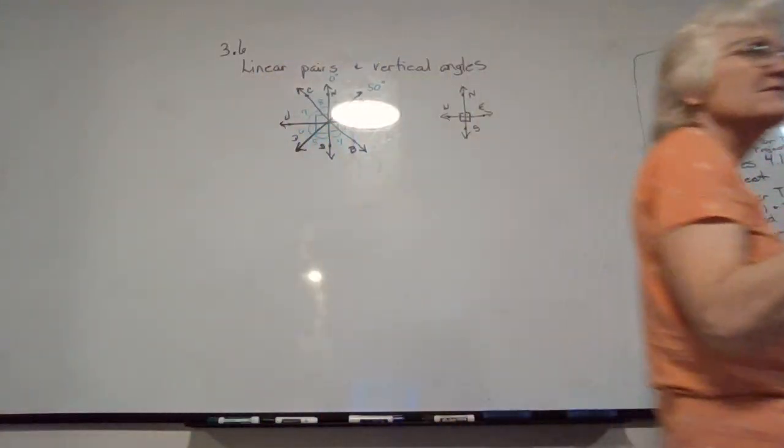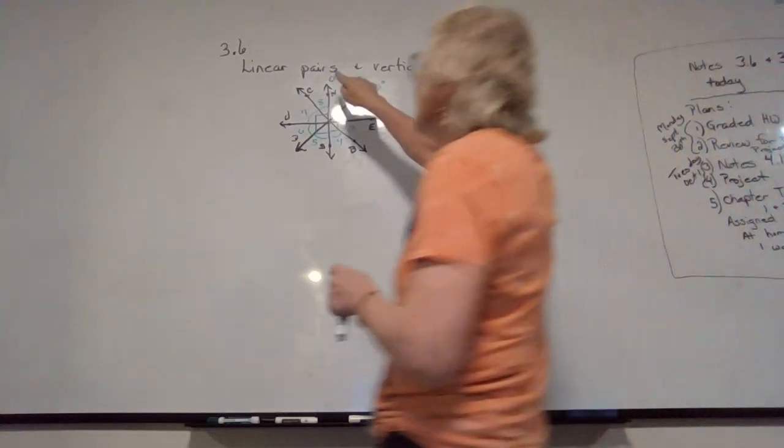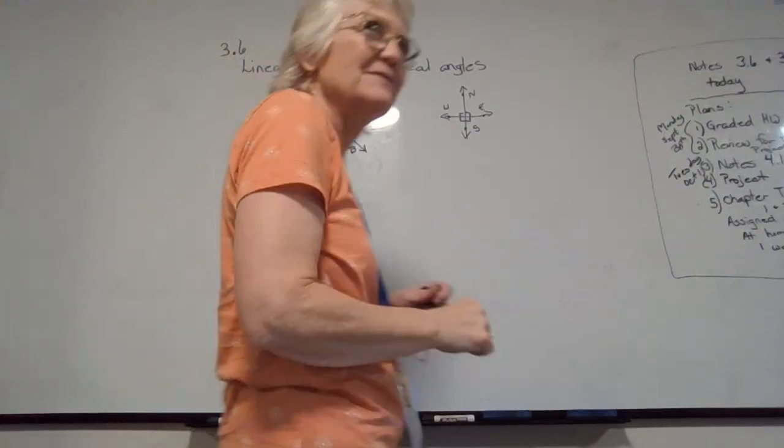I tend to like to use little numbers because it's so much easier than naming all of my angles. Yes? Wouldn't half a 90-degree angle be 45? But did I say I bisected it? No. I did give you what the measurements were. If this is our 0 on our protractor, we get 50 right here.